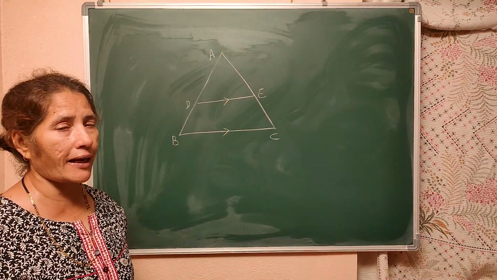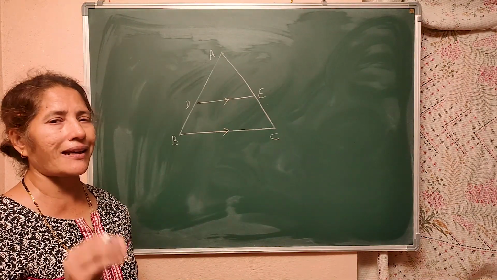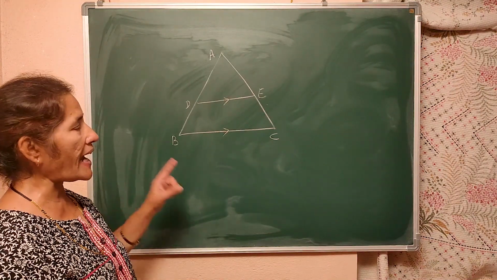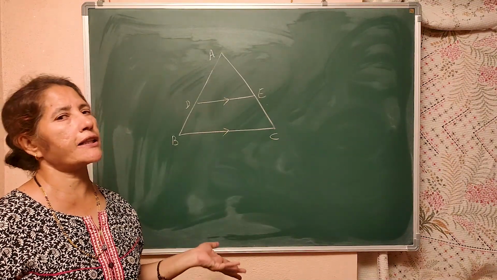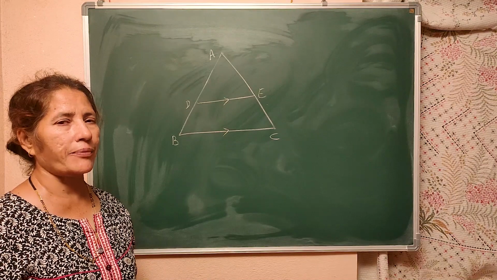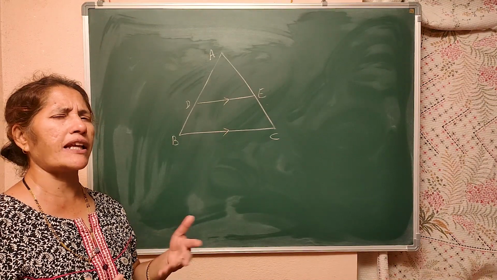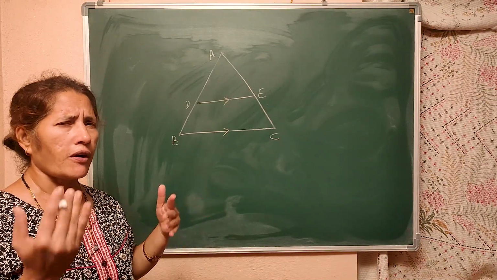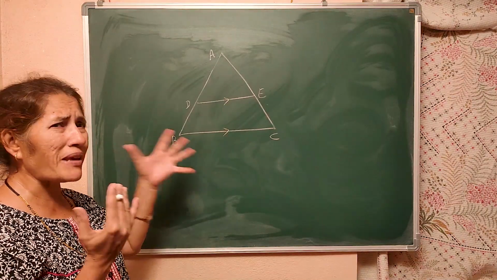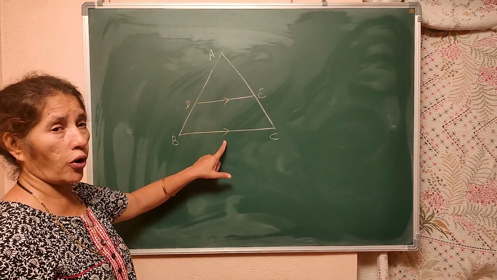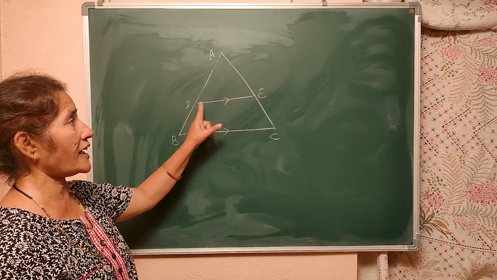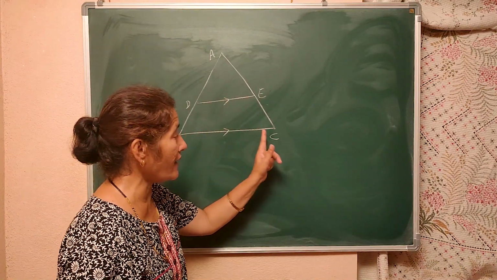What is Thales theorem? If a straight line is drawn parallel to the side of a triangle, it divides the other two sides proportionally. In different books, they will give different types of definition, but the meaning is the same.